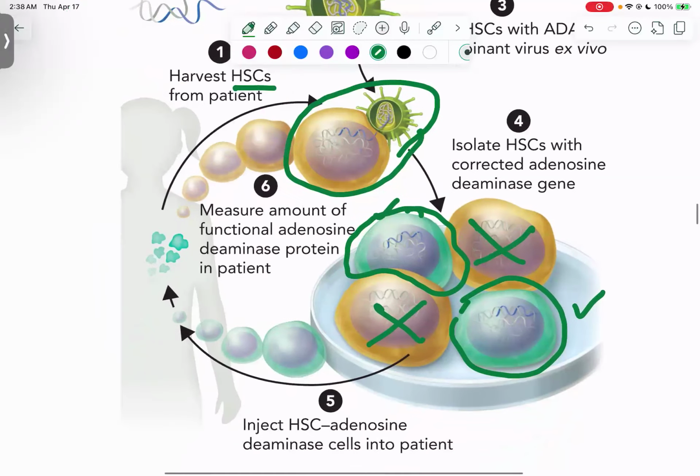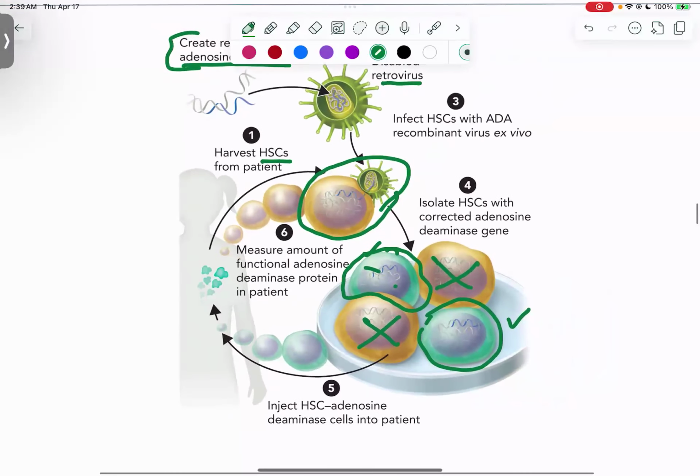And so they select out those that have picked up the correct gene, and they put those back into the patient. And hopefully those hematopoietic stem cells that now have a good copy will go ahead and recolonize the patient's bone marrow, have functional adenosine deaminase, and be okay.